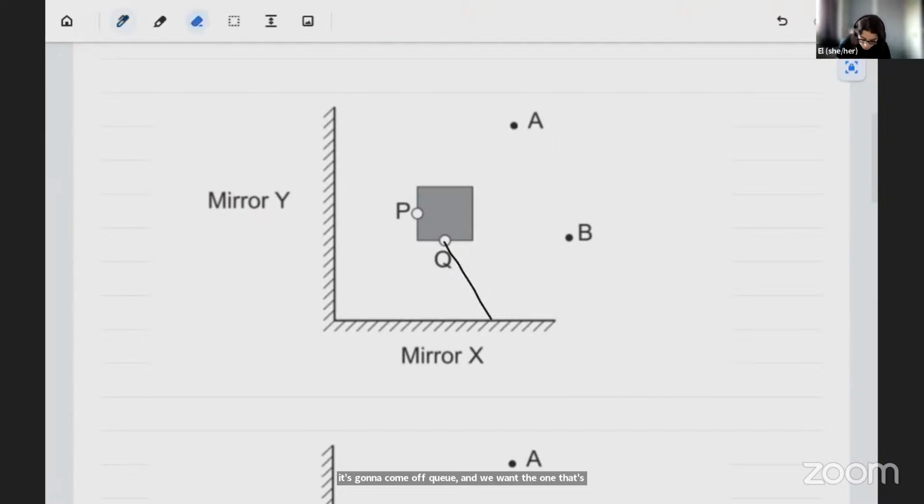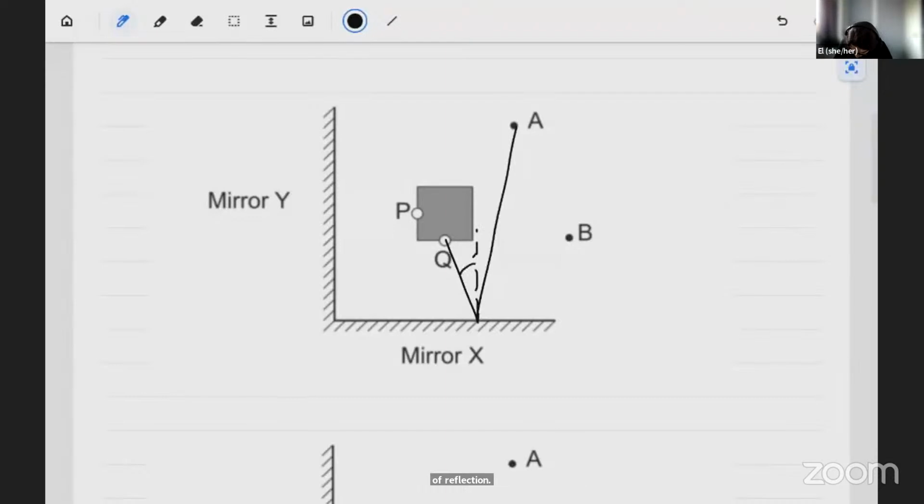I'm going to maybe do a better job of that. So we're going to come from Q, and we want it to reflect with the same angle of incidence as the angle of reflection up to our observer at A. And then I'll label that theta B and theta B, but I'm still making clear that those two thetas are the same as each other there.